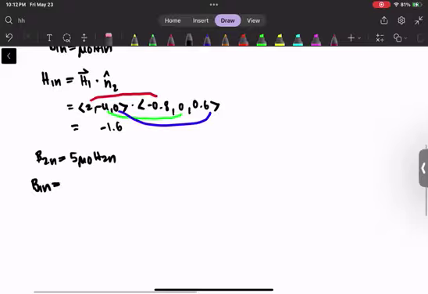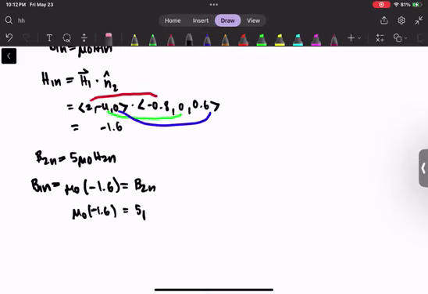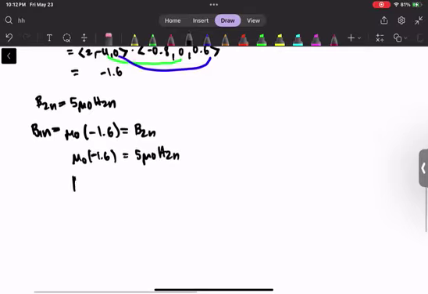B1n equals mu naught times -1.6, which equals B2n, 5 mu naught H2n.